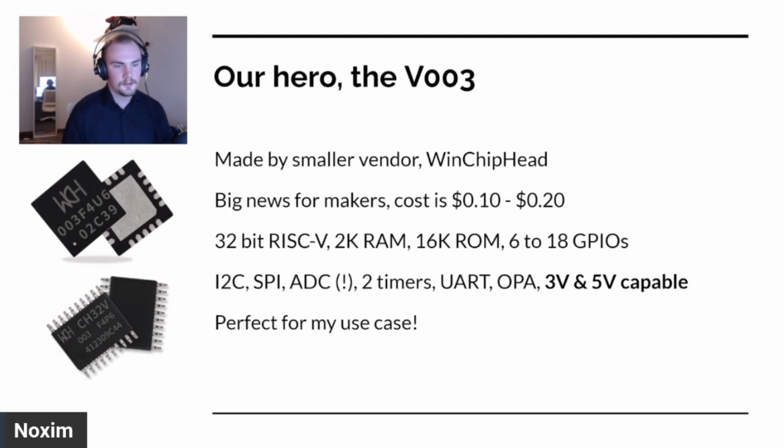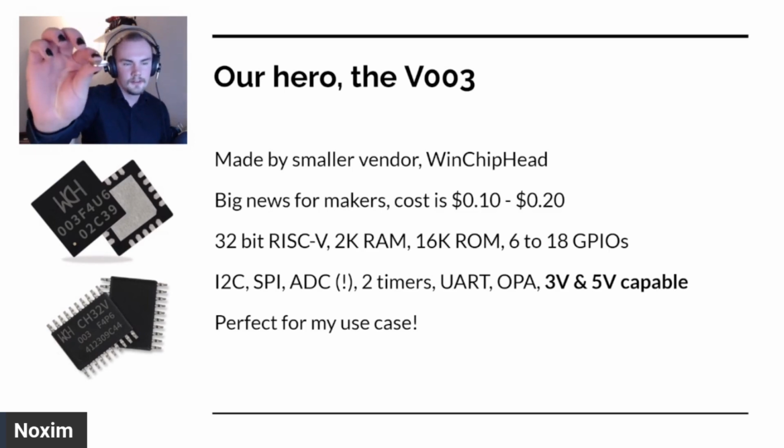It has serial buses, which let it communicate with other things in your embedded system, like I2C, SPI. It has analog converters, but something that really caught my eye was that it supports power sources from 3 volts to 5 volts, which is good because I wanted to run my embedded stuff on these regular 3-volt coin cell batteries.